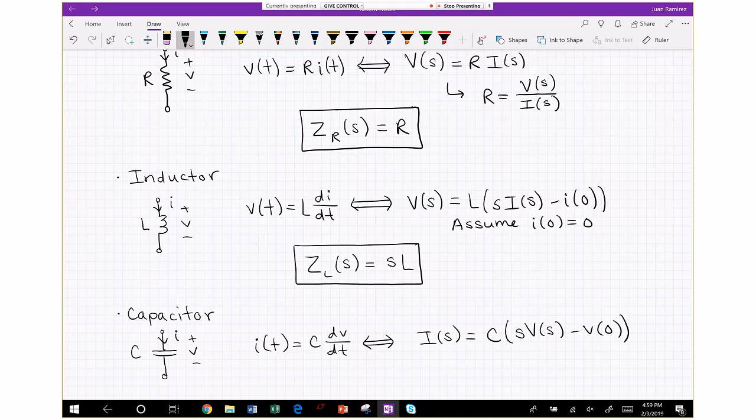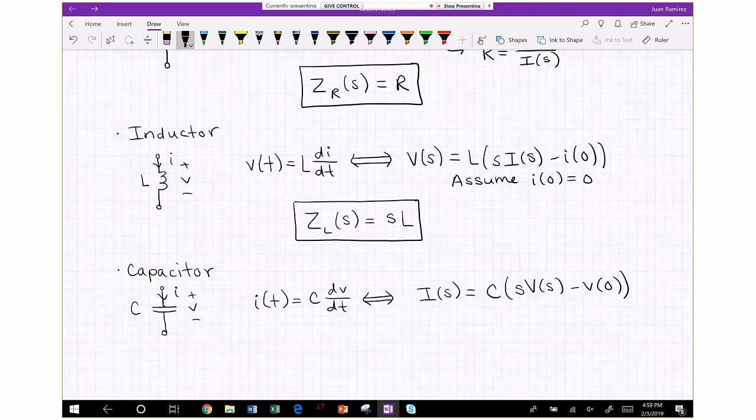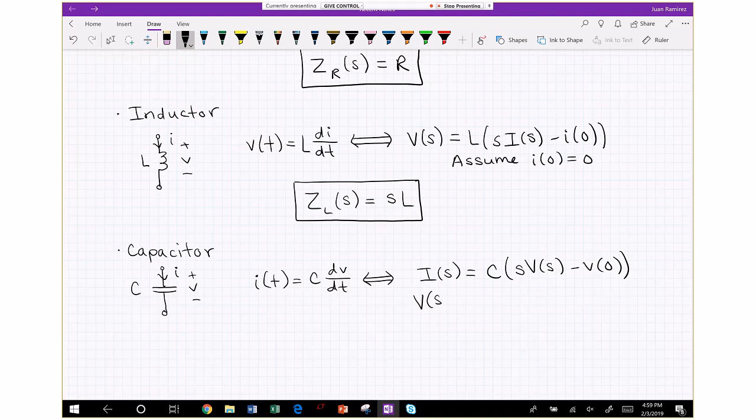If you solve for capital V, we'll end up with capital V equal to 1 over SC times the S domain I, plus 1 over little s times the initial condition of the time domain V. Well, again, we're going to assume the initial condition is 0.